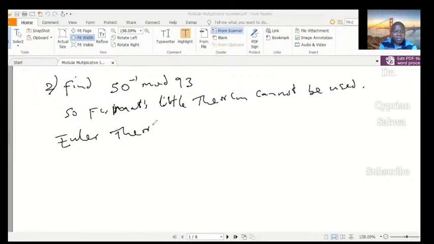We look at 93 and 50 and see whether they are relatively prime, that is, if the GCD is 1. And of course, I can see that the GCD is 1. Since the GCD is 1, it means I can use the Euler theorem to do this question.